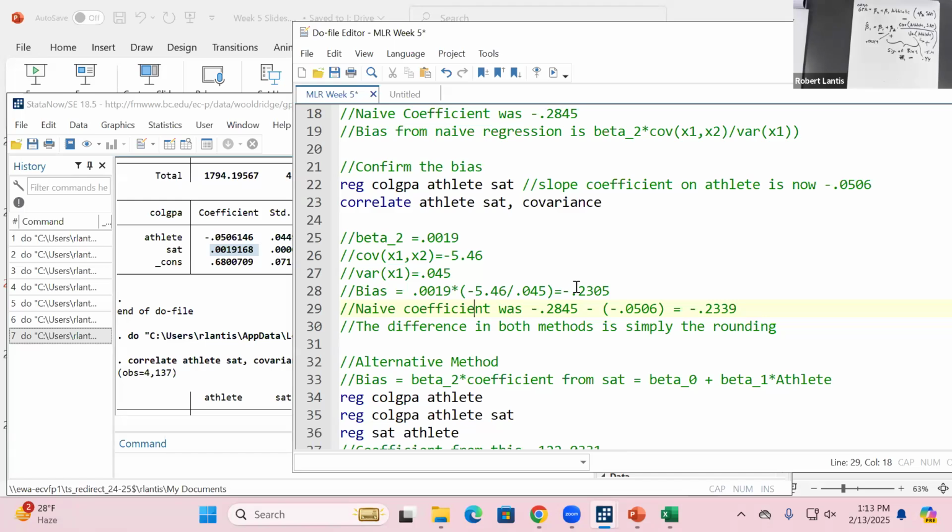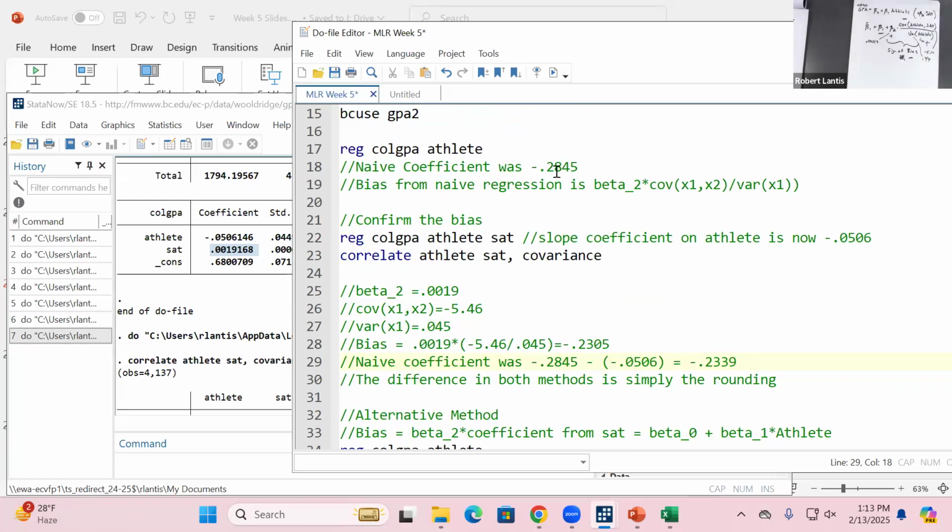So there are two different ways of showing that if I run that naive regression, the estimate shouldn't have been negative 0.28. It should have only been negative 0.05. That's quite a bit lower, right? We're talking percentages, roughly 80% lower. I'm doing some really rough estimates there. Any questions on that idea?